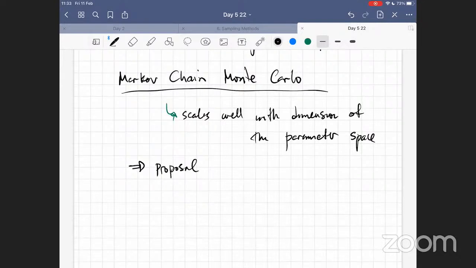There is no way around it so far. So you have a proposal distribution, and this proposal distribution is a bit different now because it actually depends on some other value that you have obtained before.